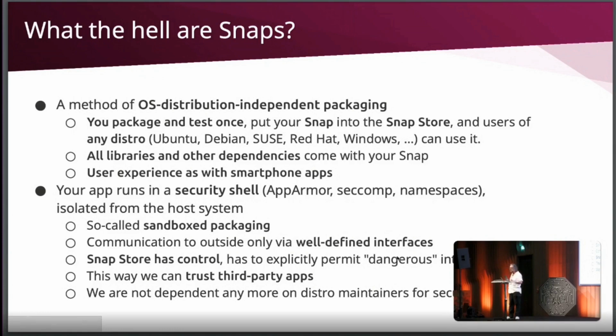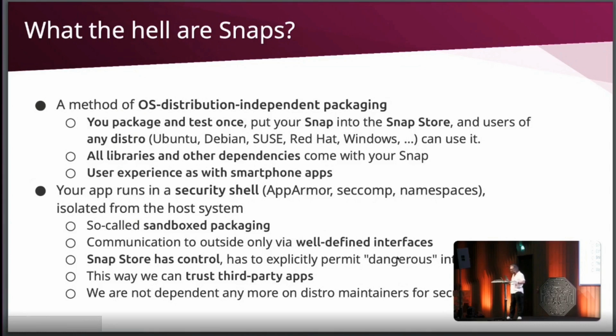But there are some dangerous interfaces, and there the Snap Store has the control which of these interfaces get connected automatically when the user installs it. So we have a nice sophisticated security concept around it. And so this way we can trust third-party apps.